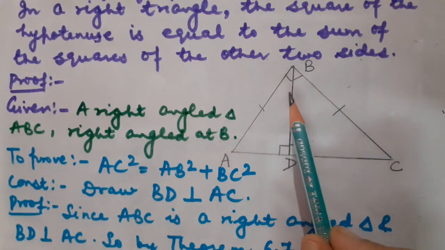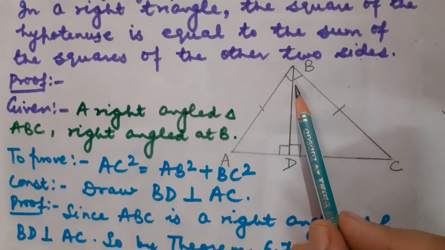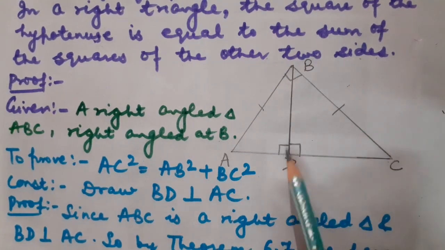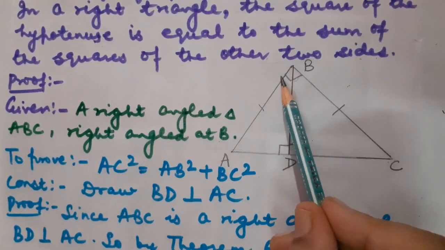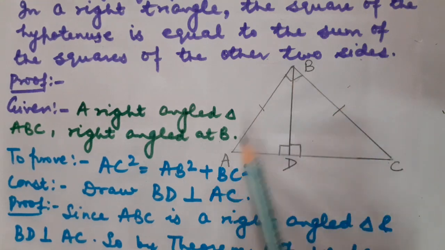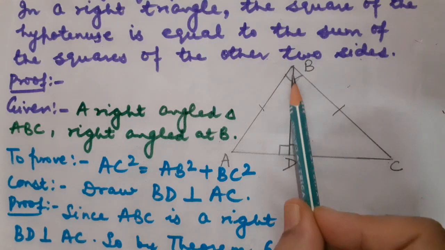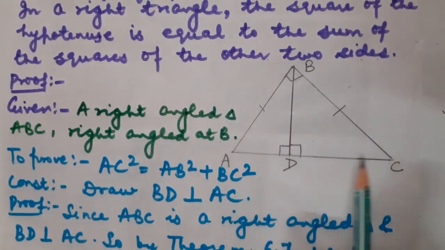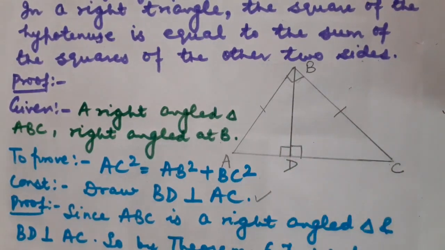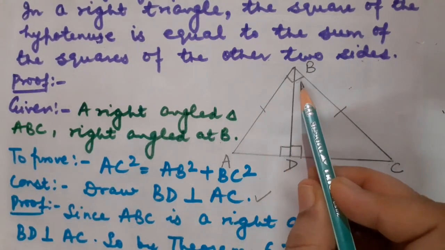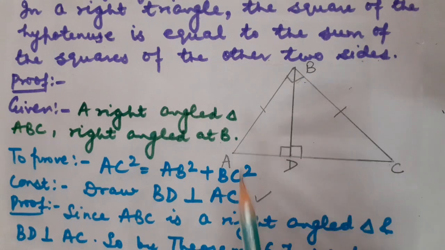So in theorem 6.7, we drew a perpendicular from the right angle of a right angled triangle. So here the same construction I have done. A perpendicular, that is BD, is drawn on AC. So this is the part of the construction. But from where it is drawn? It is drawn from the 90 degree angle.